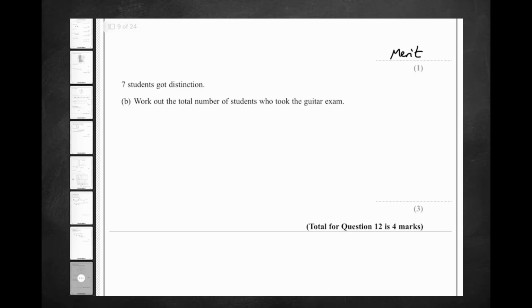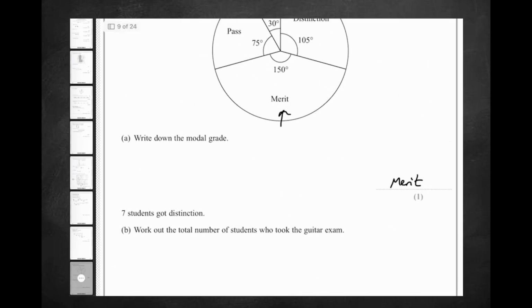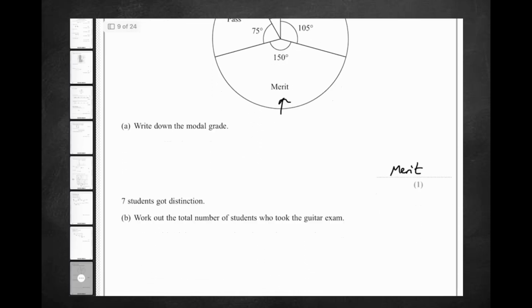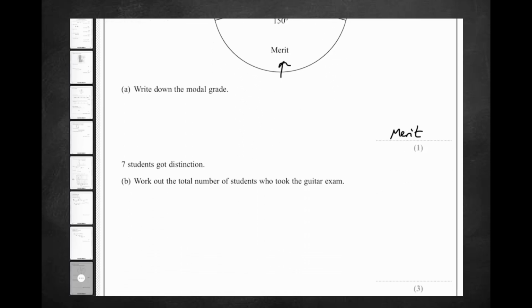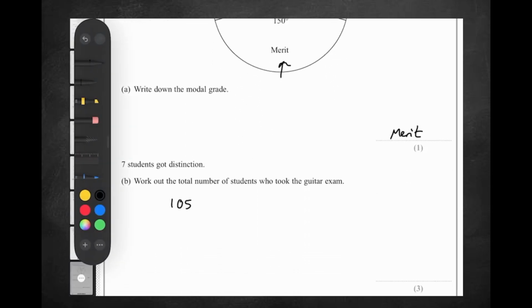7 students got distinction. Work out the total number of students who took the guitar exam. So we have 105 degrees corresponds to 7 people. So 360 degrees corresponds to all the people.